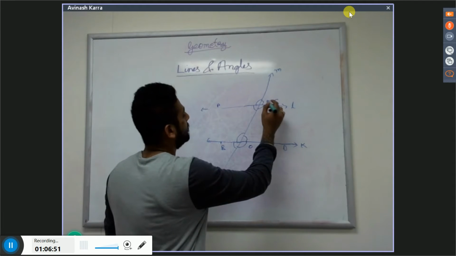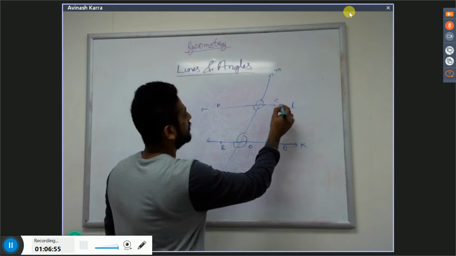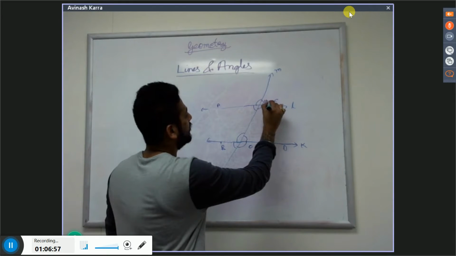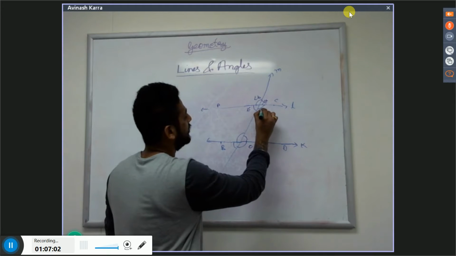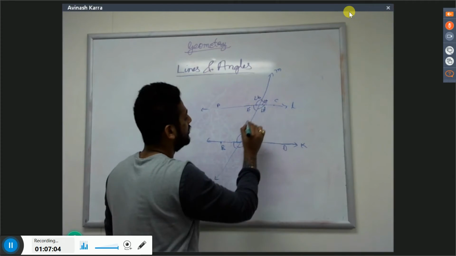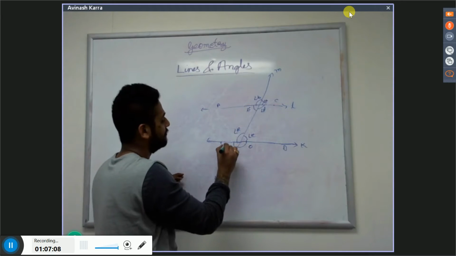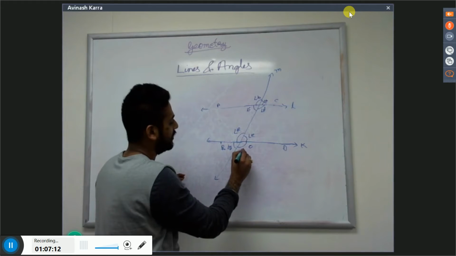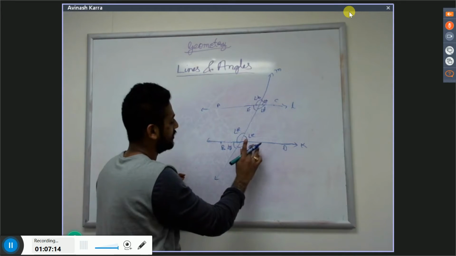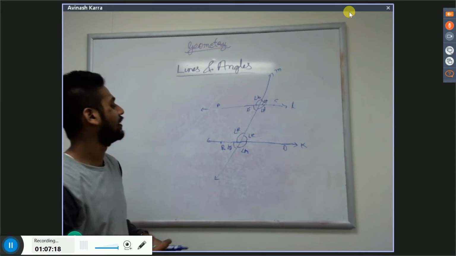Let them be A, B, C, D, E, F, G, H. Okay?